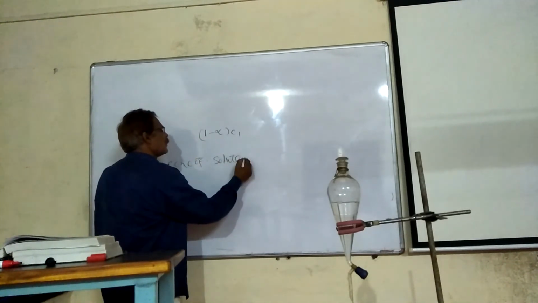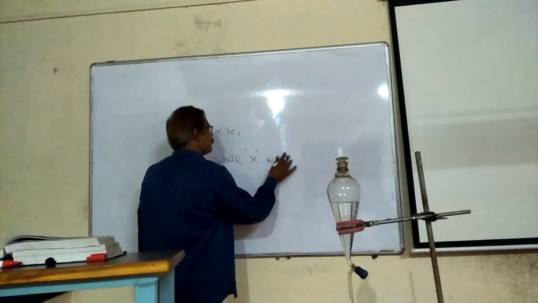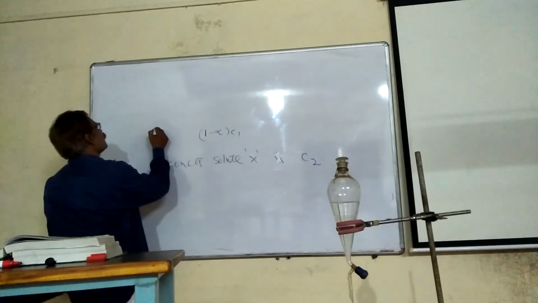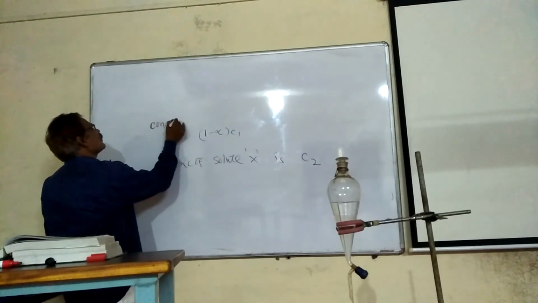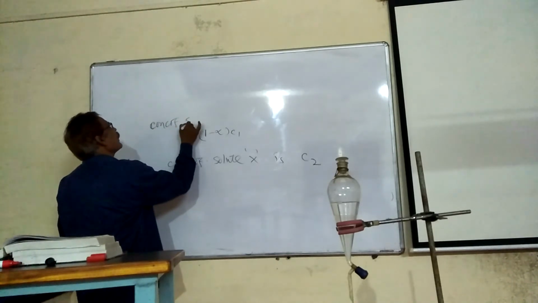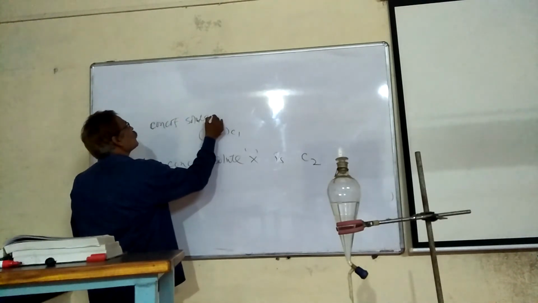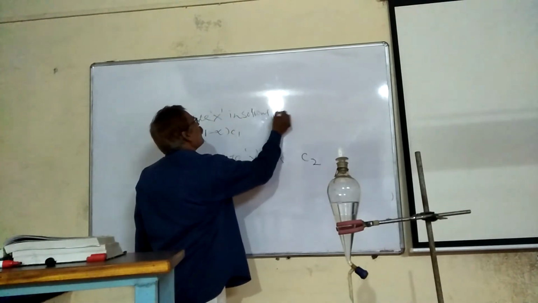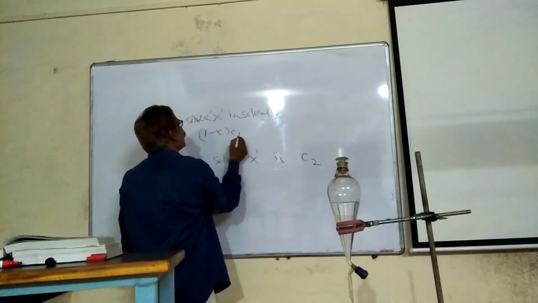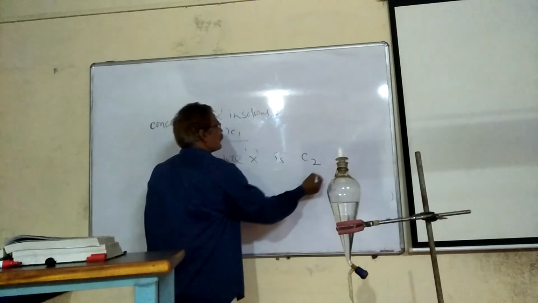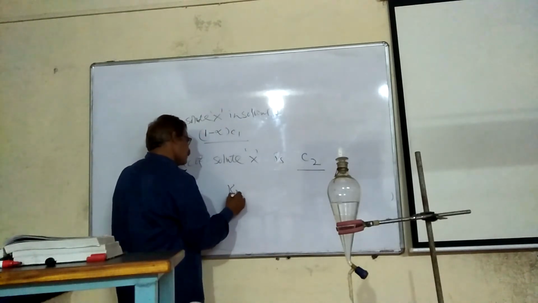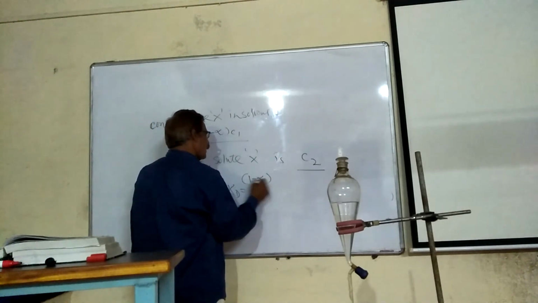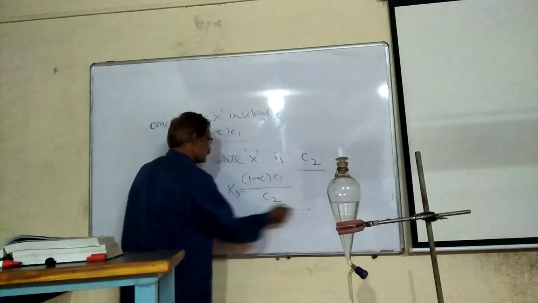in solvent 2 the concentration of solute X is C2, and the concentration of solute X in solvent 1 is 1 minus alpha into C1, and obviously the distribution coefficient KD in this case is 1 minus alpha into C1 upon C2.